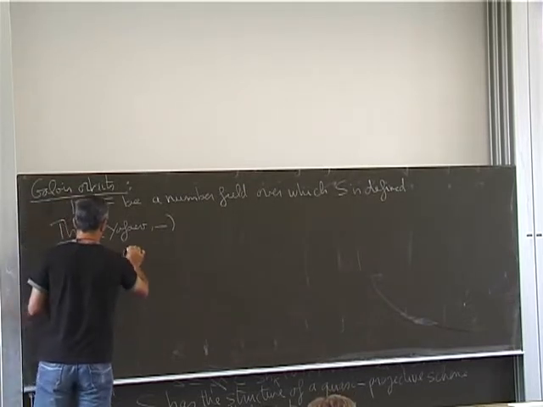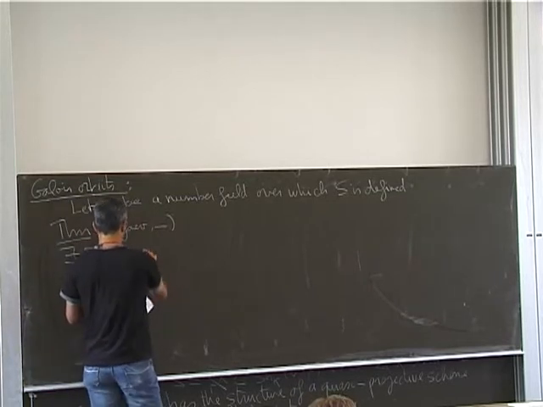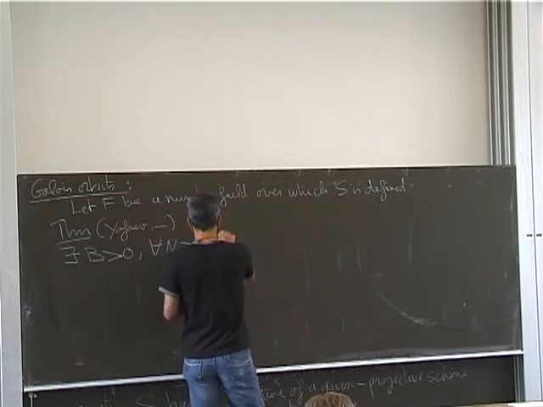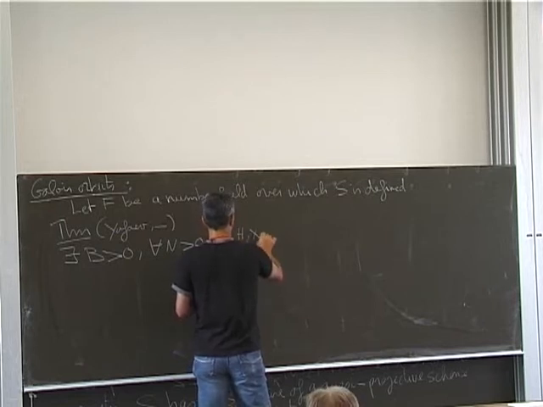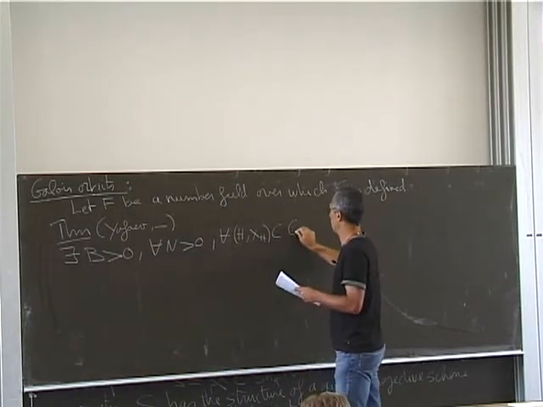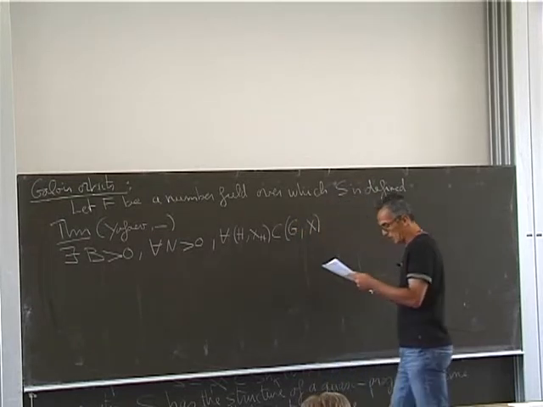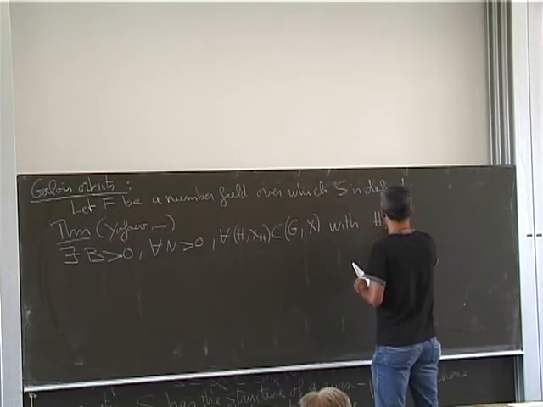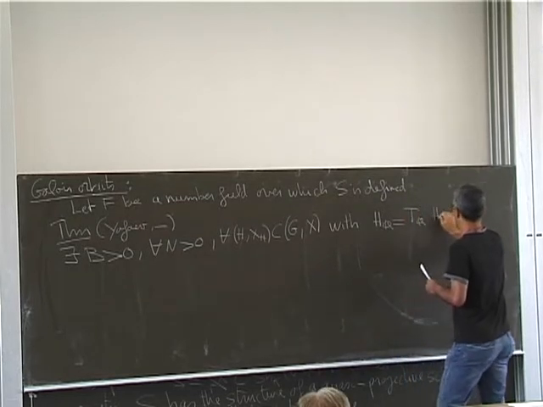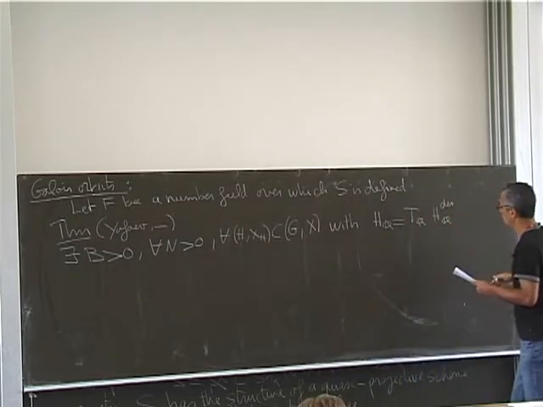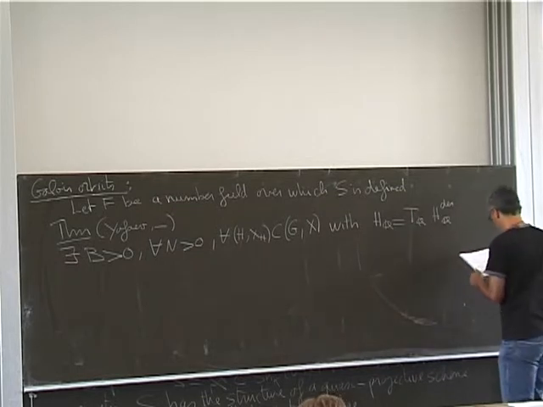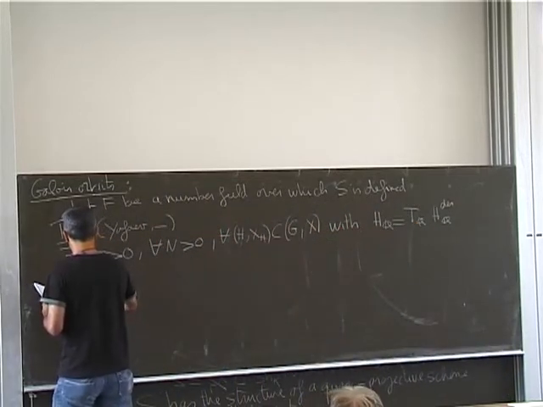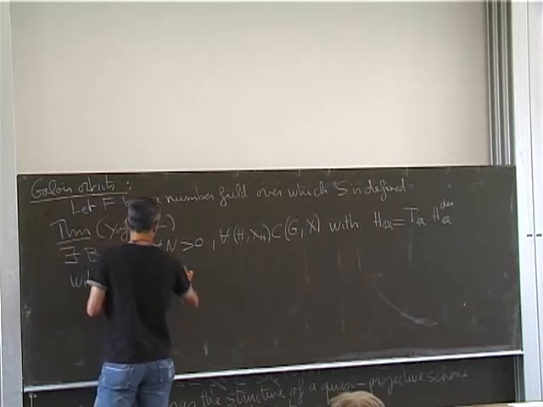There exists a B strictly positive, such that for all n positive, and for all H, X_H, a sub-Shimura datum of G, X. So I just write the decomposition of H_Q as a semi-direct product, but I assume that the dimension of T is strictly positive.